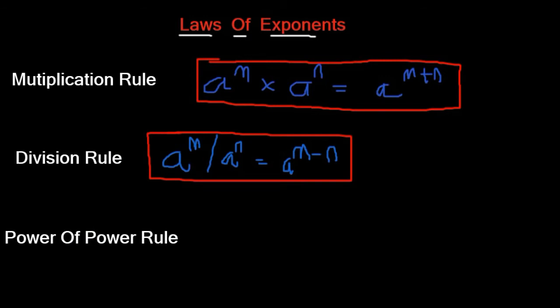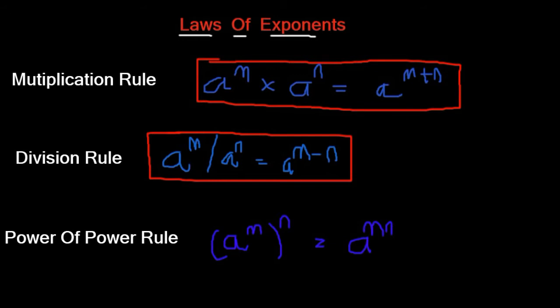Now let's look at the power of power rule. The power of power rule is in the form of a power m the whole power n, which gives a power mn, which is nothing but the product of these powers.